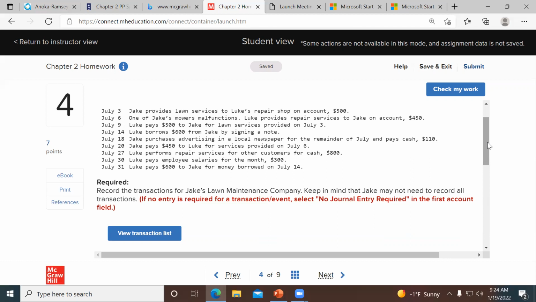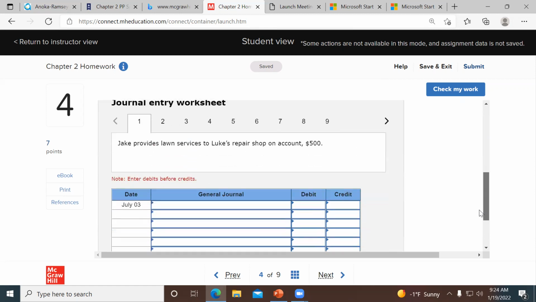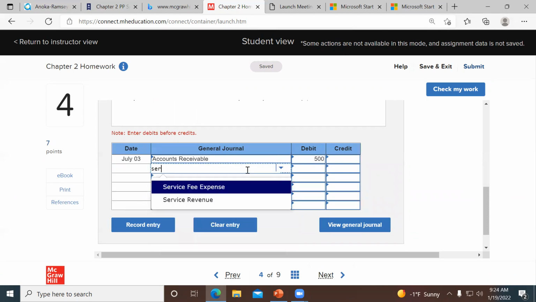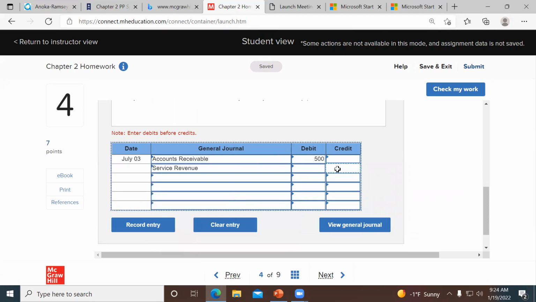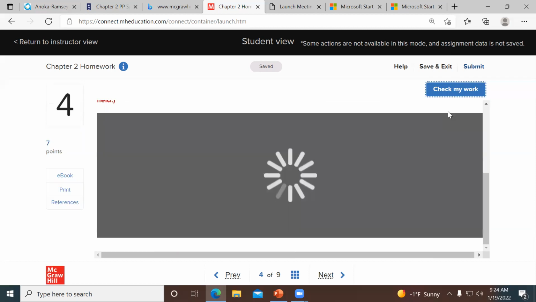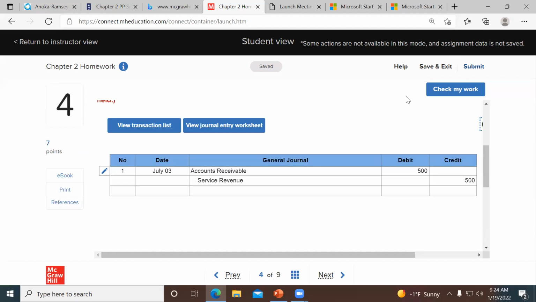So what are we going to say here? Accounts receivable for 500 and service revenue for 500. Always, you can go back and check your work. Okay. Next.